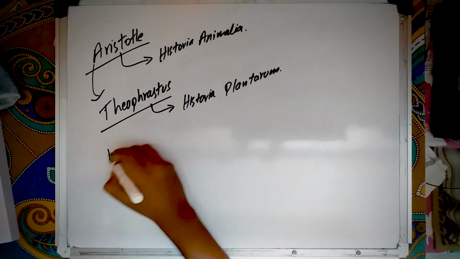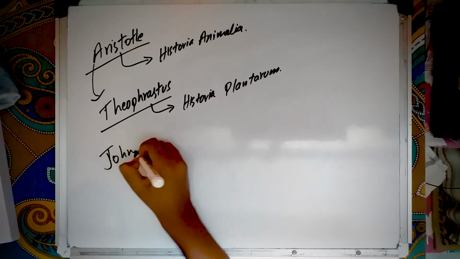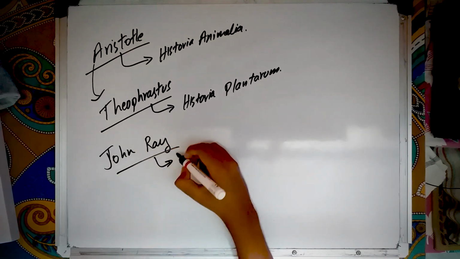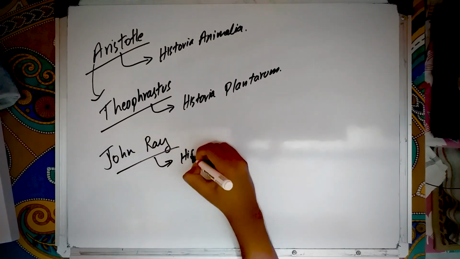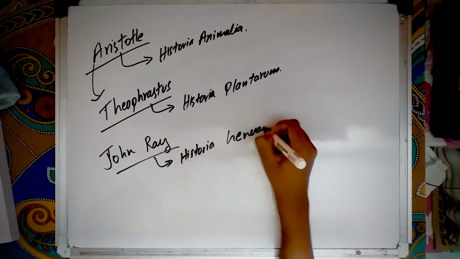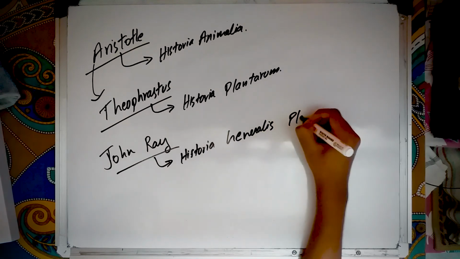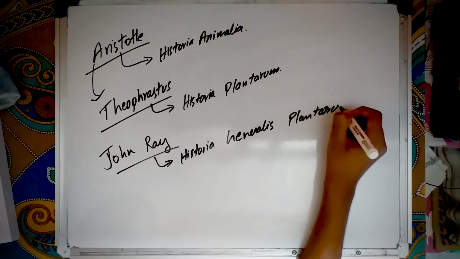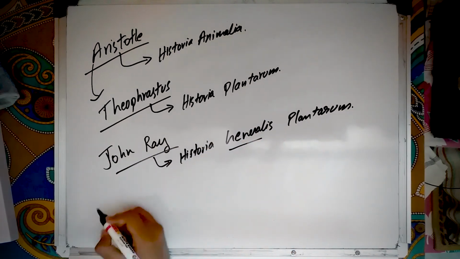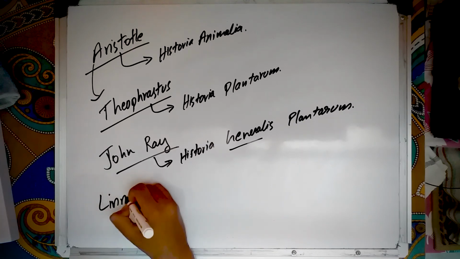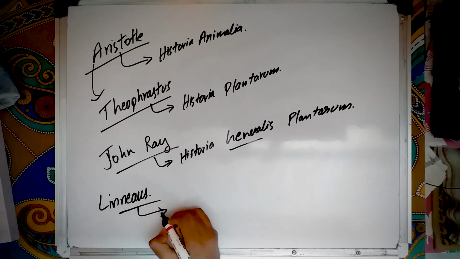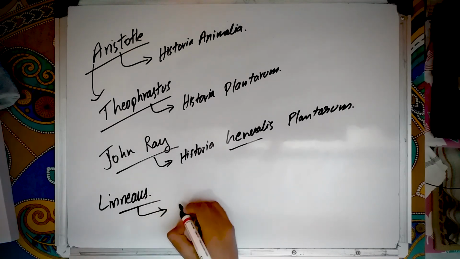And then John Ray, he wrote about Historia Generalis Plantarum. And then Linnaeus, the father of modern biology, botany, he wrote Systema Naturae.